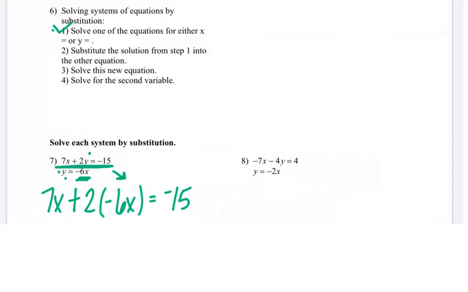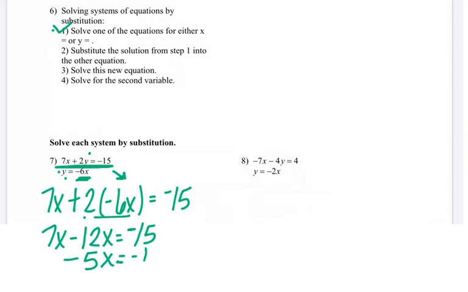From there, we are going to just solve your basic equation. So we would start by multiplying here, so 7x minus 12x equals negative 15. Then we will combine like terms on this side, so 7x minus 12x is negative 5x equals negative 15, just comes down.